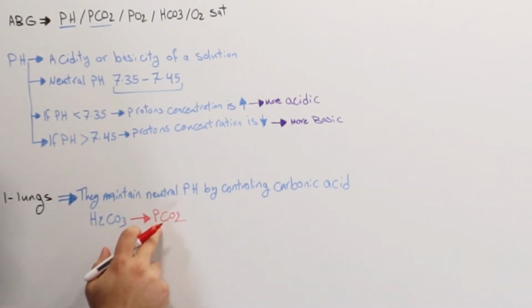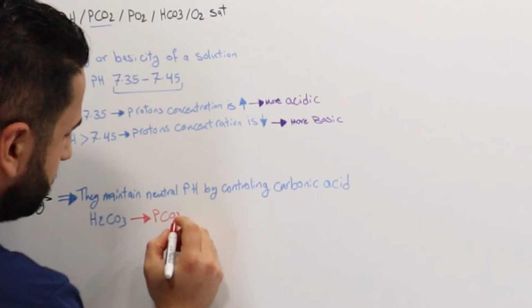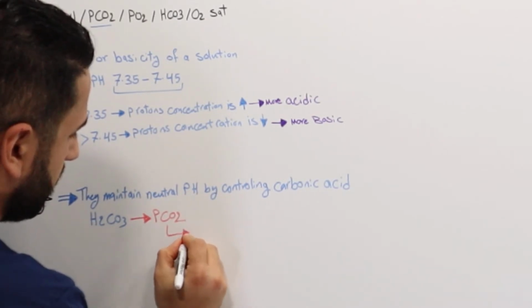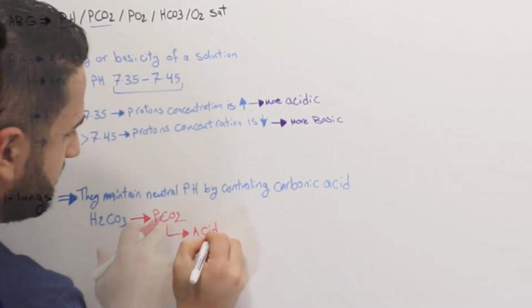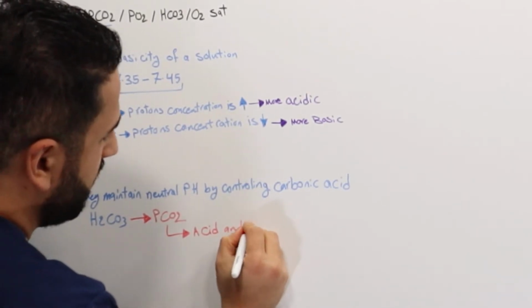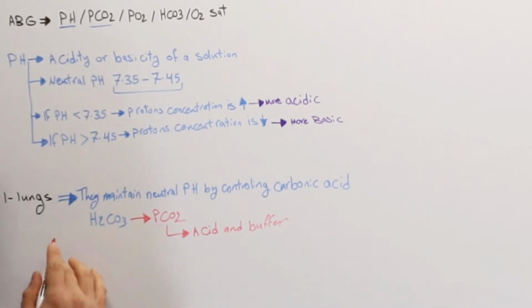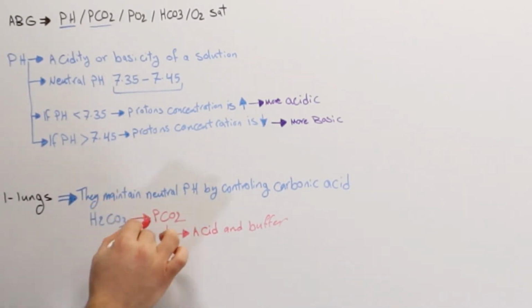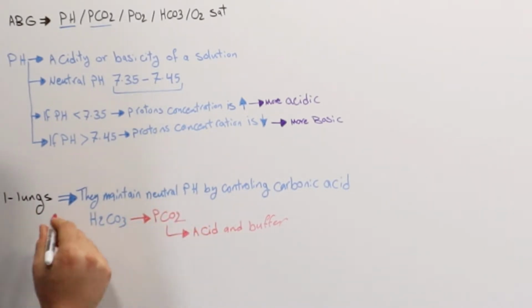PCO2 is the partial pressure of carbon dioxide, and CO2 acts as an acid and a buffer as well. That's how the lungs contribute to neutral pH.